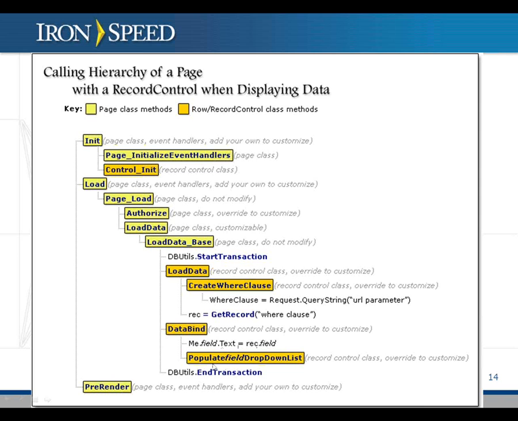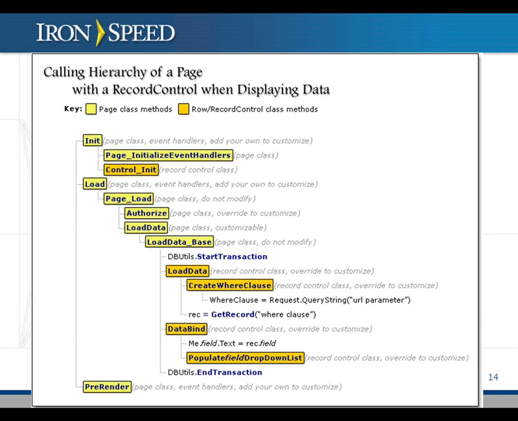Once that's done, there might be a drop-down. Let's say there's a state or country drop-down list, and IronSpeed will run a separate routine for every single drop-down list, the populate, let's say, country drop-down list. If you wanted to manipulate that and only show countries that are in the European Union or whatever, you can do that.